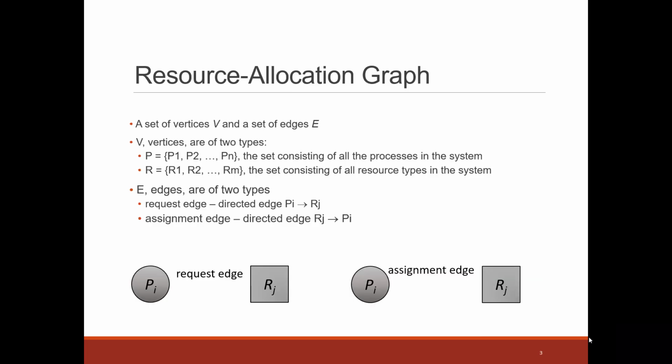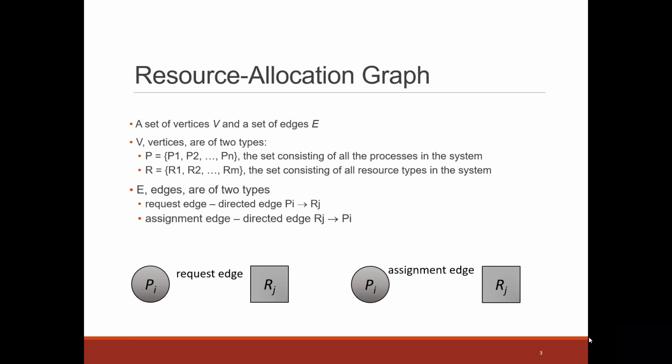The model consists of a set of vertices and edges. The vertices are of two types. There are processes and there are resources. Generally, we model processes with circles and resources with squares. In this case, we have two processes and two resources below. Edges are of two types, a request edge and an assignment edge.